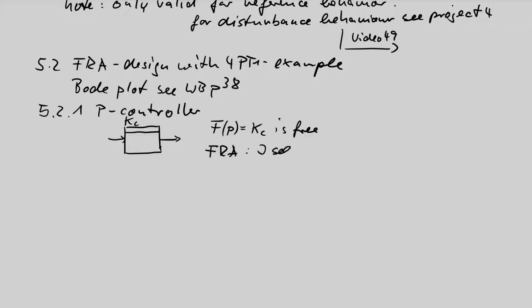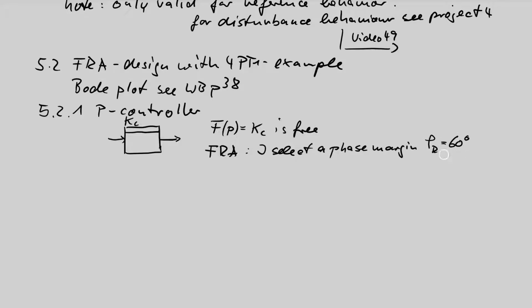I select a positive phase margin, and I want to start with a default value, which is a phase margin of 60 degrees. This gives mostly an acceptable overshoot.